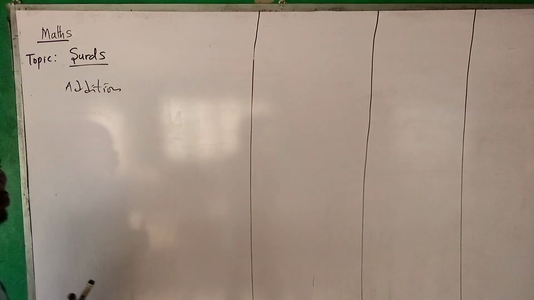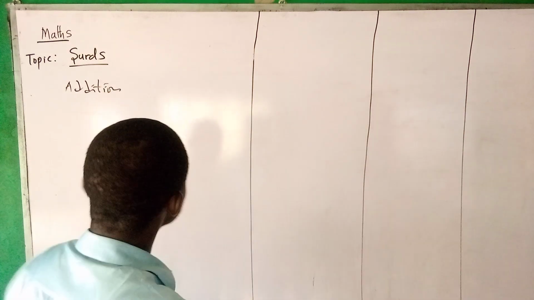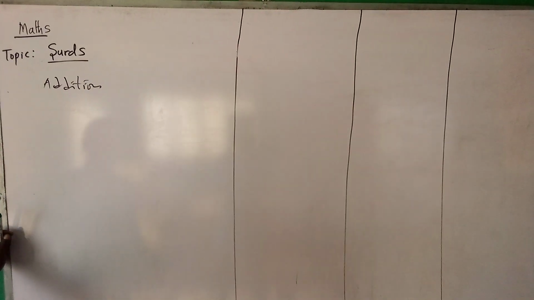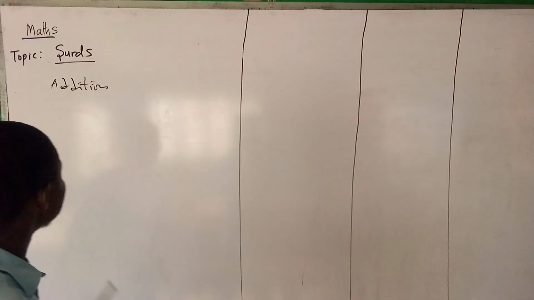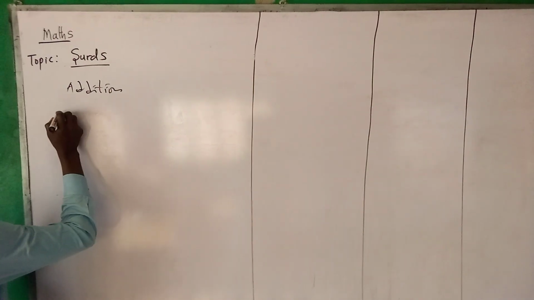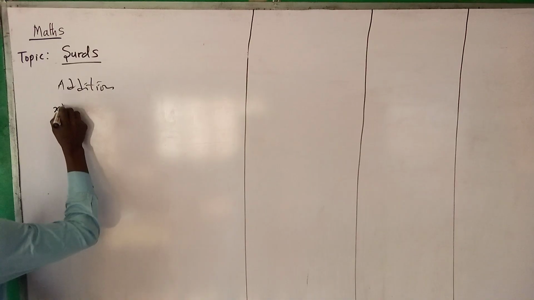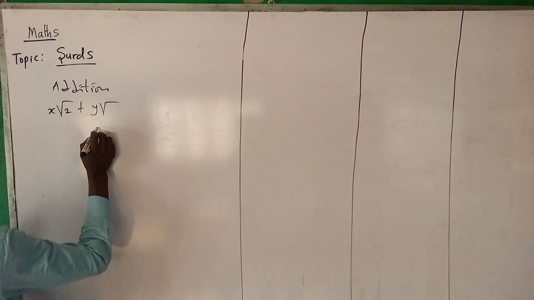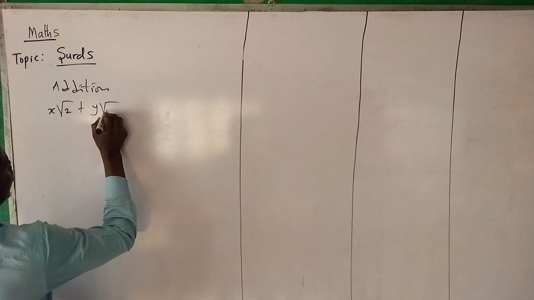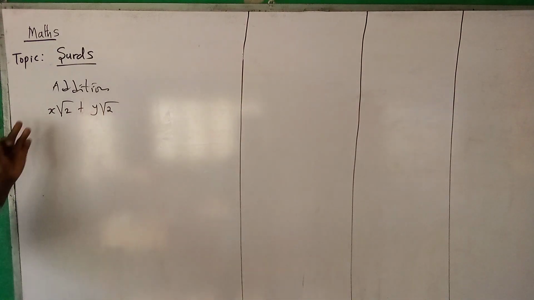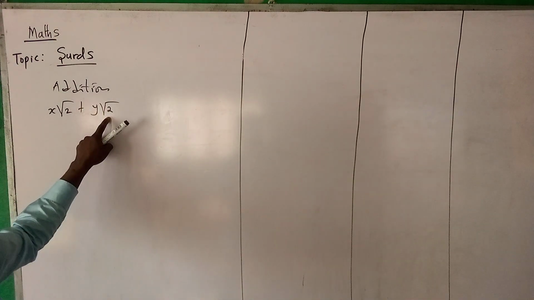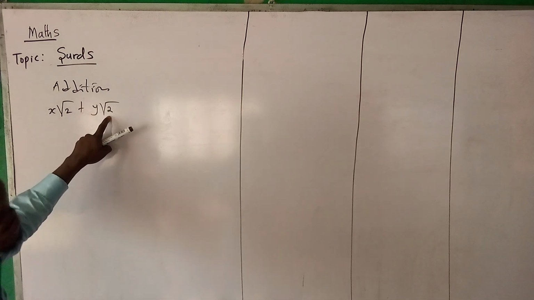Now for addition of surds, there's something I told you about simplification of surds. Now you can add surds. The condition for adding surds is this: the surds to be added must have the same basic form. Take for instance now, you see x√2 plus y√2. These surds can be added, the reason being that they have the same basic form, √2.